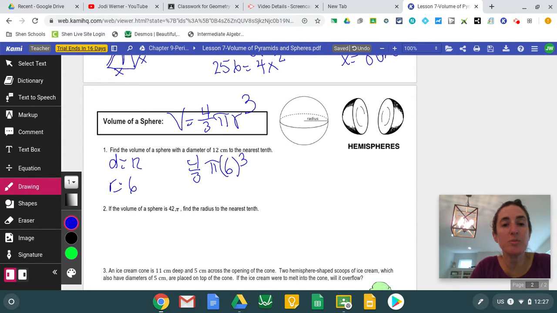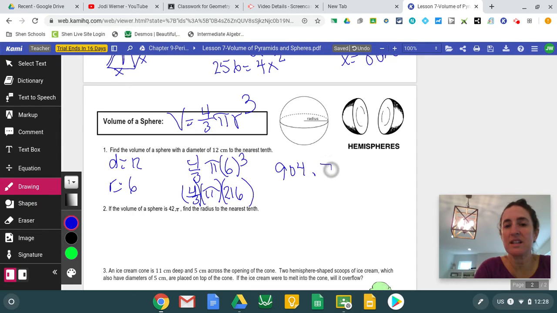If you don't know how to cube something, it's 6 times 6 times 6, or you can hit the math button on your calculator, and there is a cubed option. 6 cubed is 216. I put them in parentheses in my calculator so it knows it's multiplying them all. And I end up getting 904.77, which is really 904.8 to the nearest tenth.